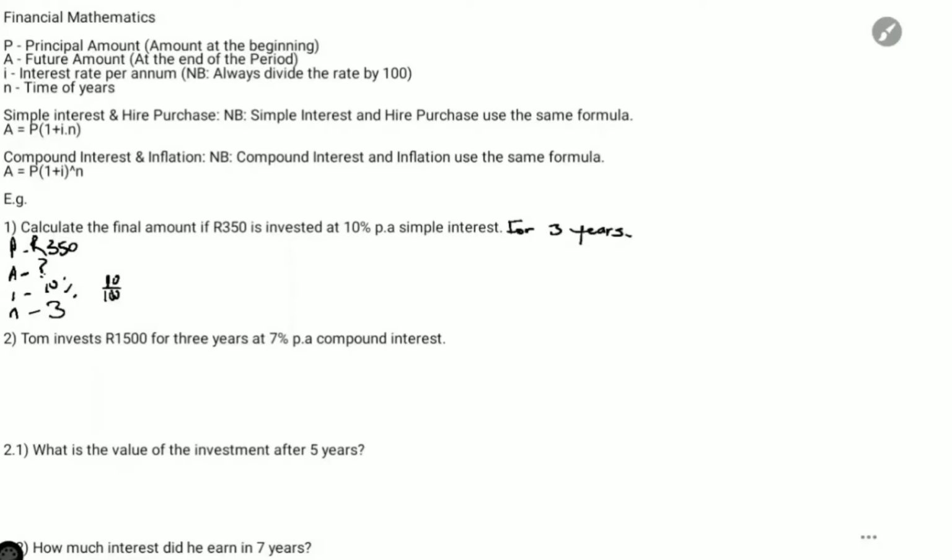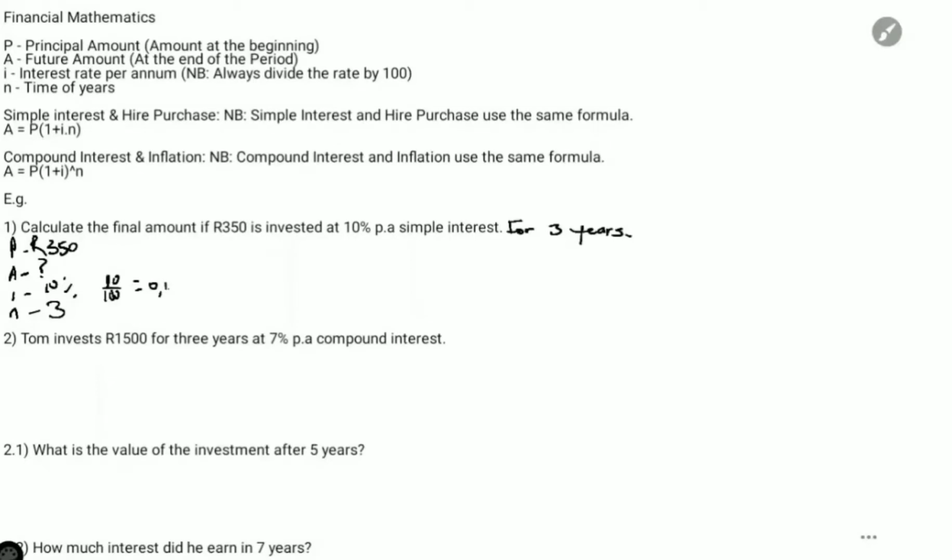So 10 divided by 100, you definitely want to do that on a calculator, because you don't want 0.01 when you're supposed to have 0.1. There's a huge difference between 0.1 and 0.01.